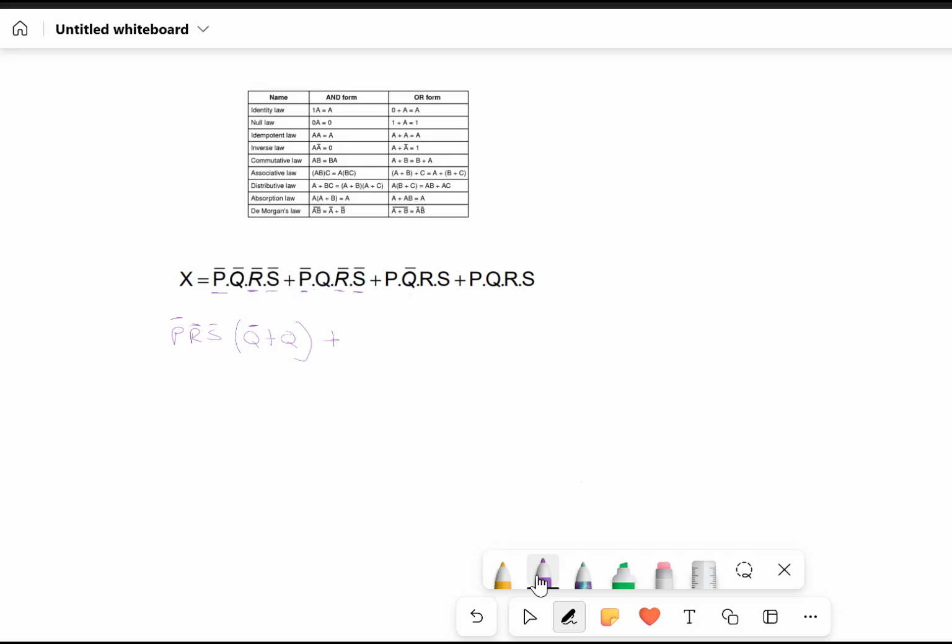I'm going to OR it with, and on this side we've got P, R, S, P, R, S. And inside of here we've got not Q, so if we simplify this, Q and not Q is 1, and same with this side, it's 1 multiplied by this, it will disappear, so we're left with not P, not R, not S, or P, R, S. Done. We can't go any further than that.